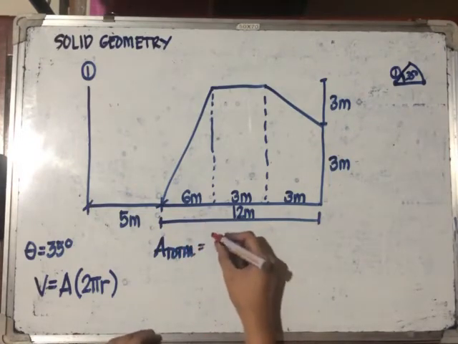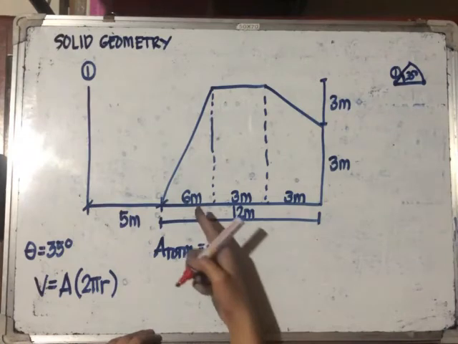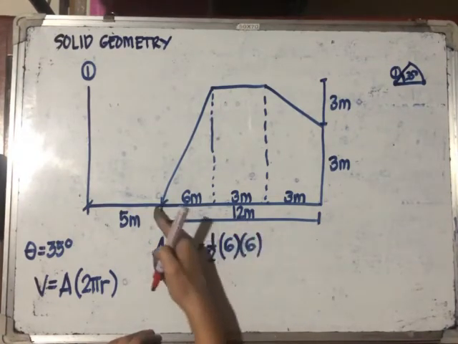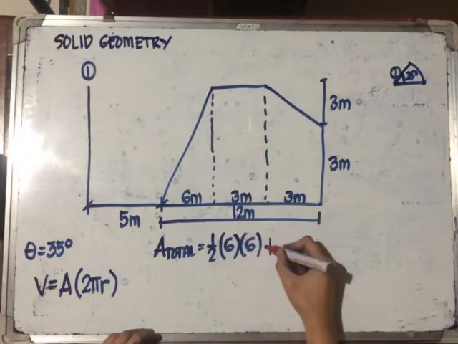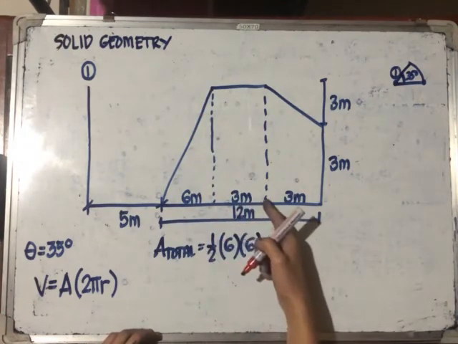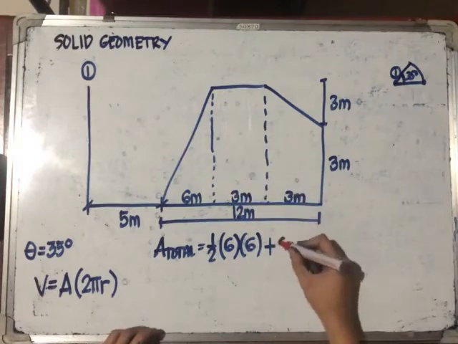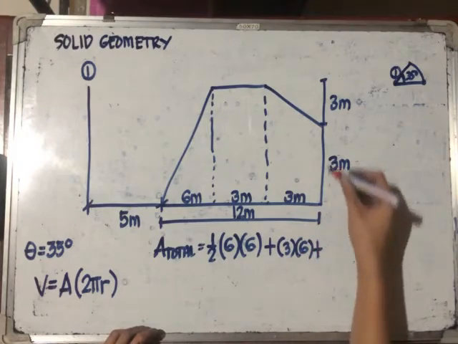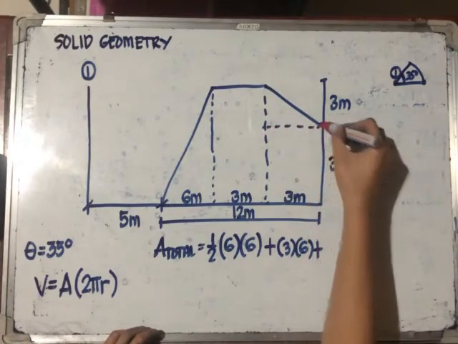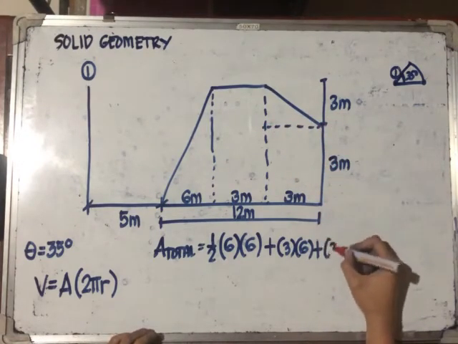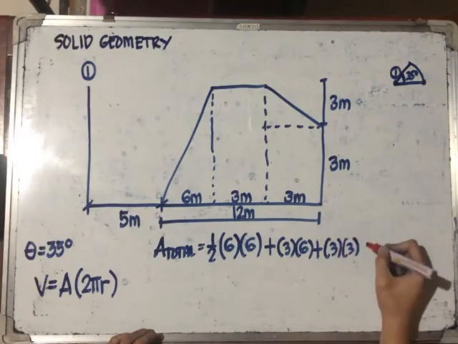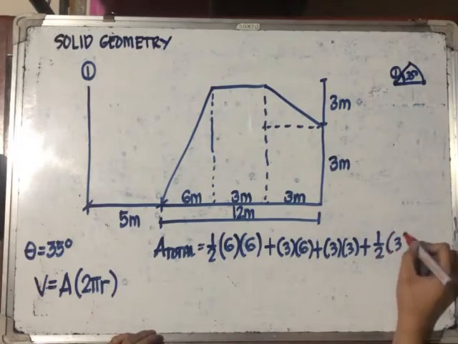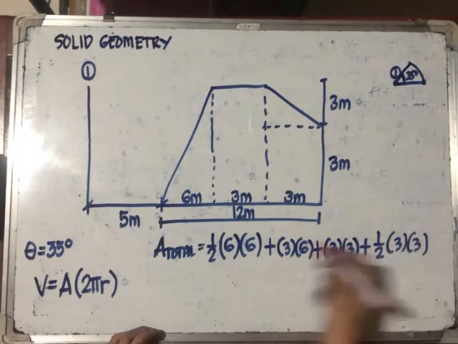Area total is we have 1/2 base times height. Base is 6 of this triangle. Height is 6. Base times height, plus length times height, 3 times 6, plus, ito ikakat ko na lang, 3 times 3, plus 1/2, base is 3, height is 3.